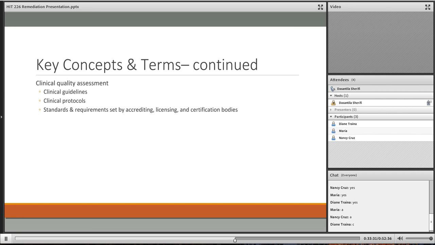Or another example would be a patient has surgery, do something to prevent thrombosis from happening. Whether you use medications or you elevate the leg, it's your choice, but basically do something to satisfy this protocol. Now, many of these standards and requirements are set by accrediting, licensing, and certification bodies.